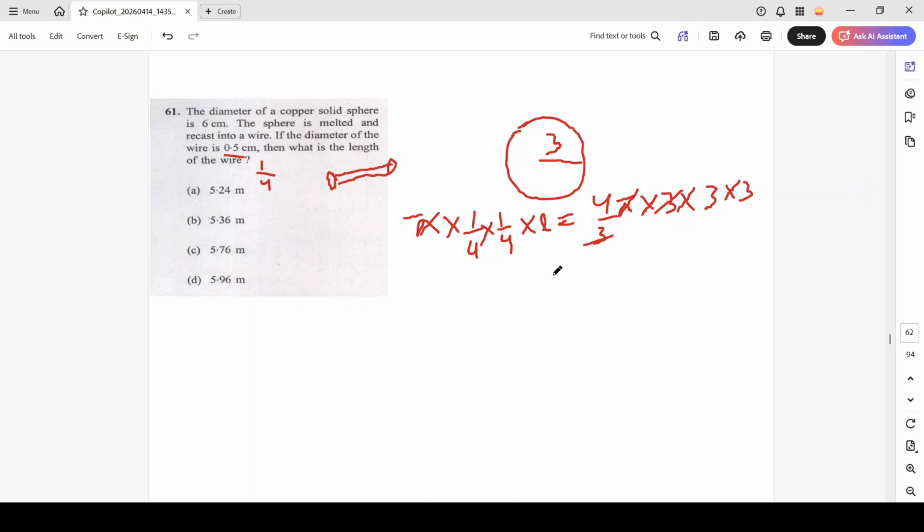Okay, 3 3s are 9, 4 9s are 36, into 4 into 4, that will be the length L. So we have taken everything in centimeter. So to convert it into meter, we just need to divide it by 100.